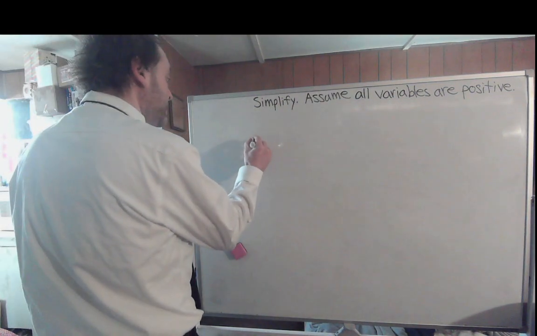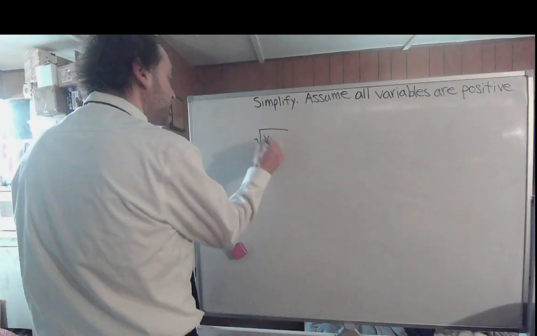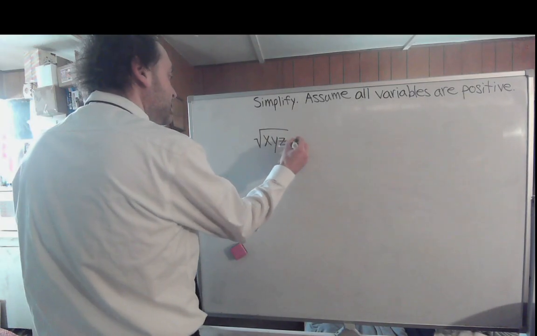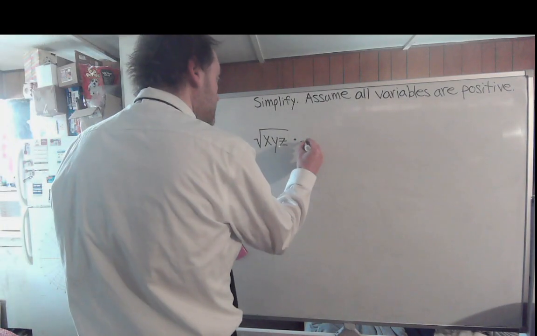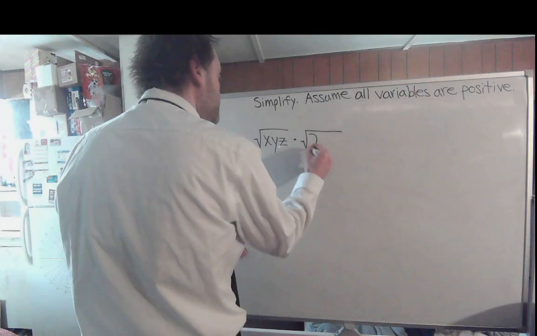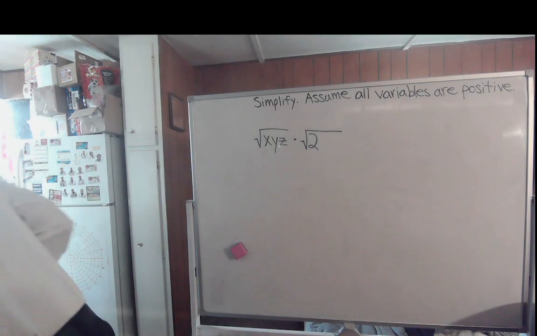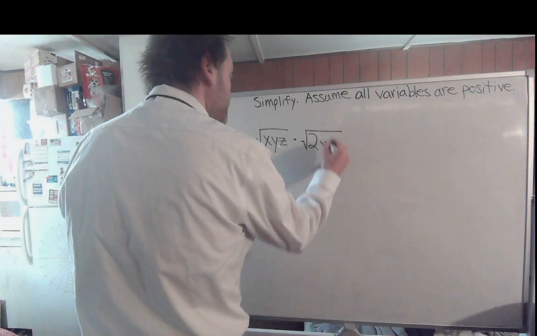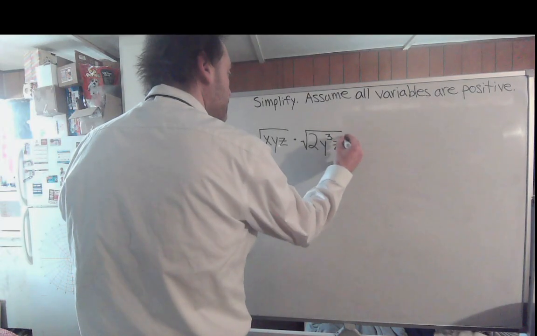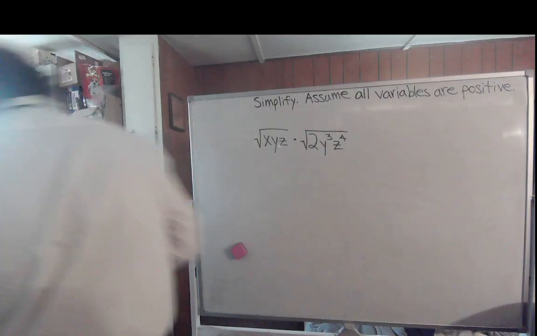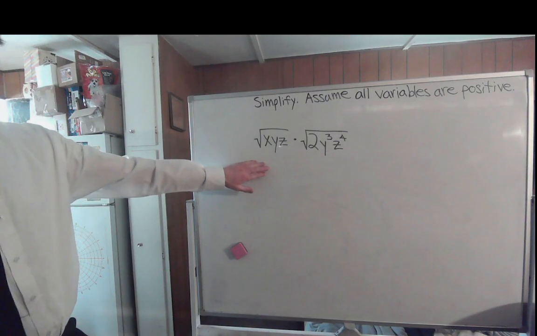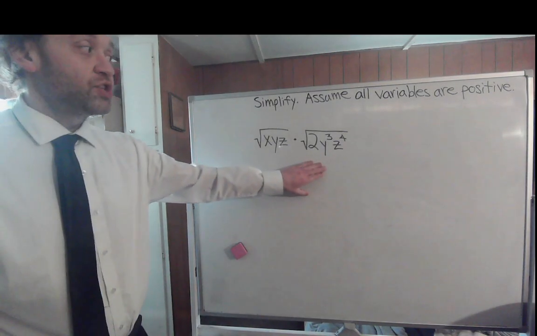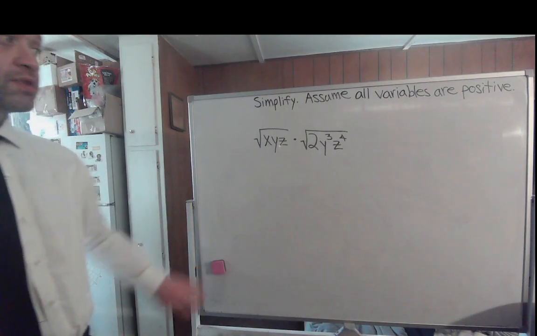Alright, let's see. We have the square root of xyz times the square root of 2y to the 3rd z to the 4th.